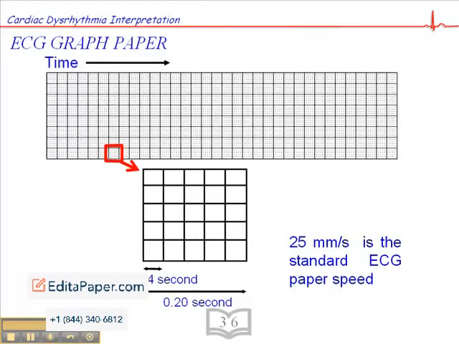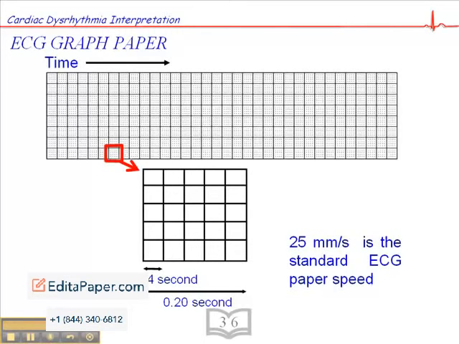And if paper speed becomes altered, then it alters your heart rate calculation, and that's a problem. So the gold standard for calculating heart rate is to take a pulse. Obviously, the patient is more important than the ECG or the monitor, so we take a pulse, and our objective is to ensure that what we're feeling in the pulse matches the heart rate that we calculate using the ECG monitor.